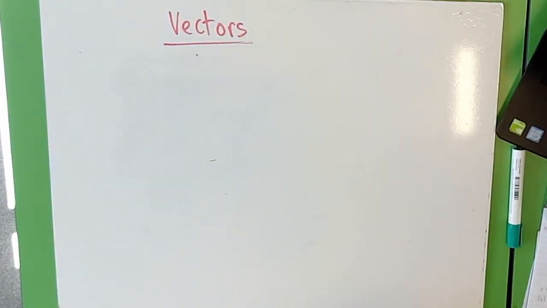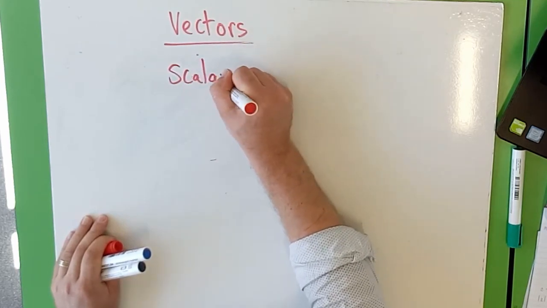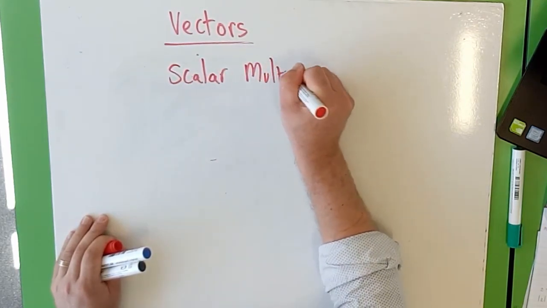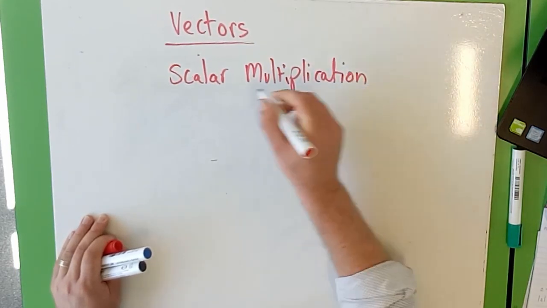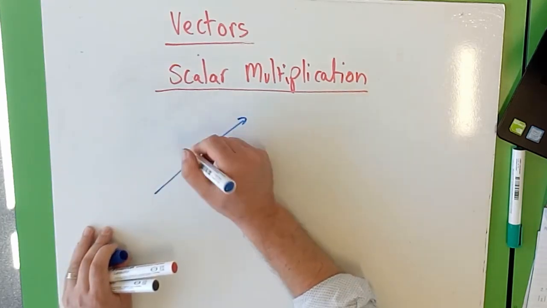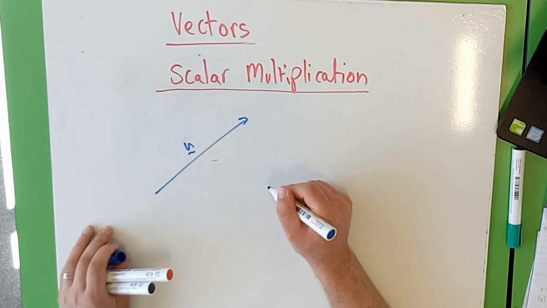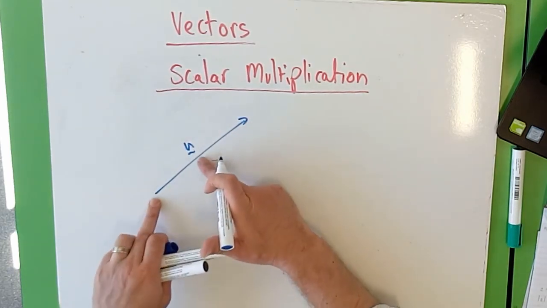What else do we need to do? Oh, scalar multiplication. You think of scalar multiplication as just scaling up or scaling down a vector. So if you have a vector u that looks like this, if I wanted half u, I'd want to go in the same direction but only go halfway.